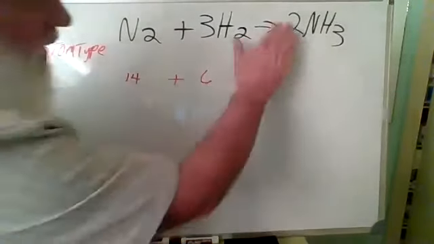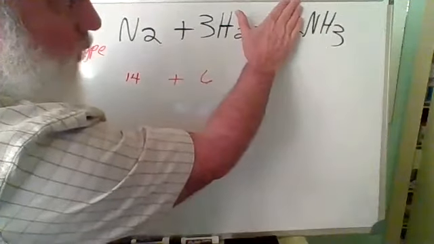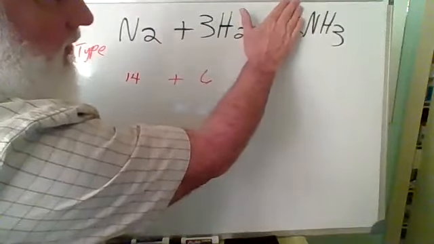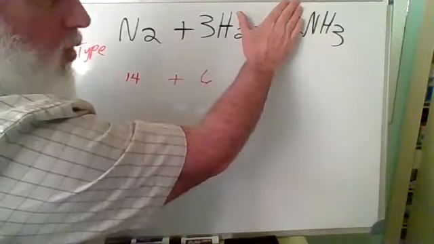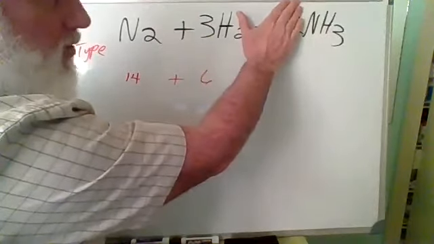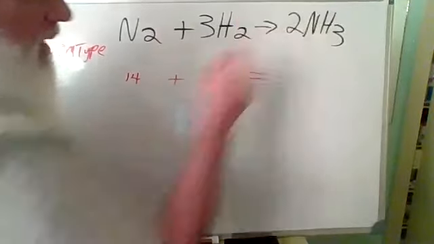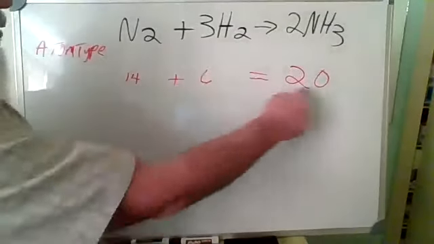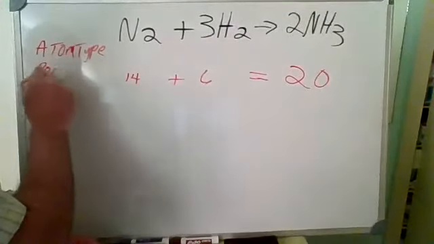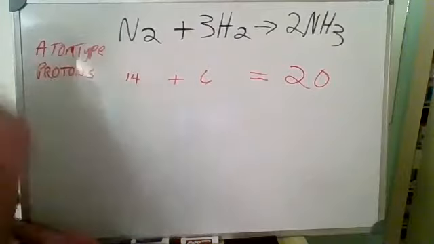So here, there's 1 nitrogen, that's 7 protons, and 3 hydrogens is 3 more protons. So in 1 ammonia molecule, NH3, there's 10 protons. Times 2 is 20 protons. 14 plus 6 equals 20. So protons are conserved.